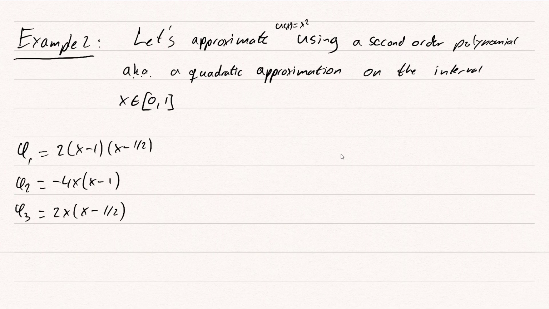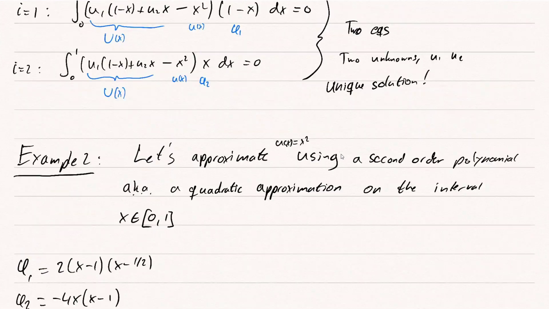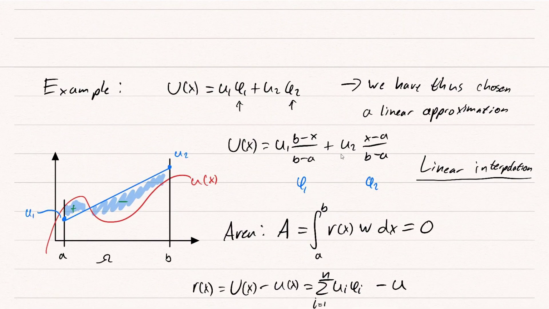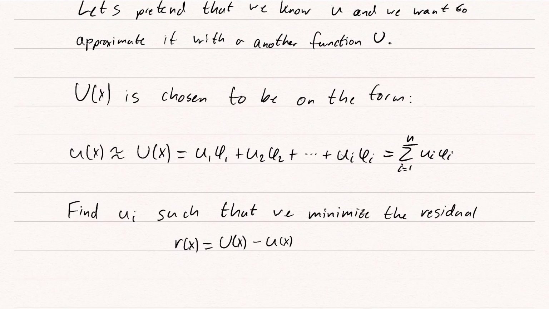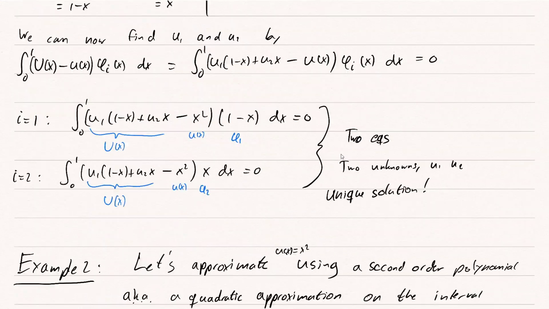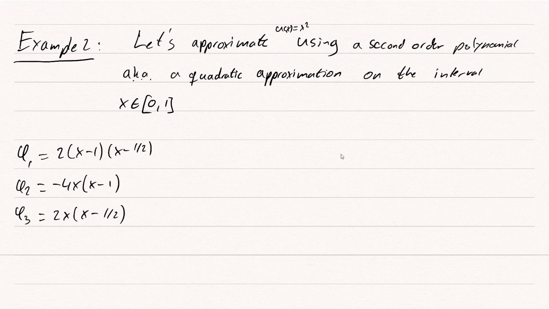Now take a look at these. We have 3 basis functions now. Why? Well, because remember, if you go back to how these look, we have u1 times phi 1 plus u2 times phi 2 plus u3 times phi 3. So we have 3 terms for a quadratic or a second order polynomial.